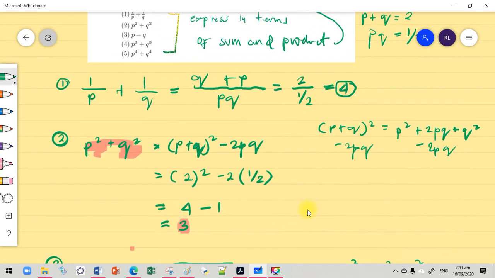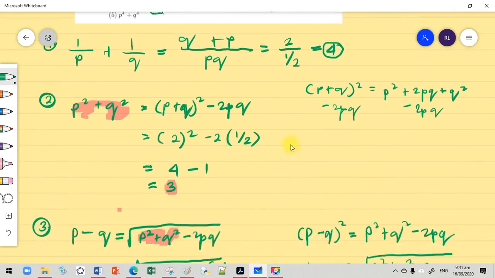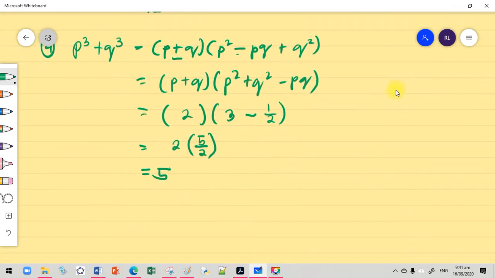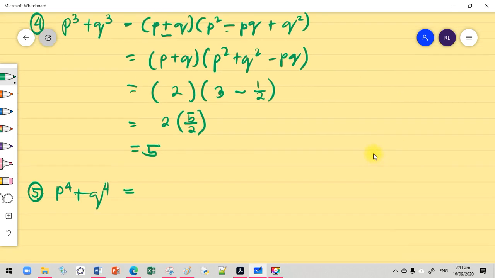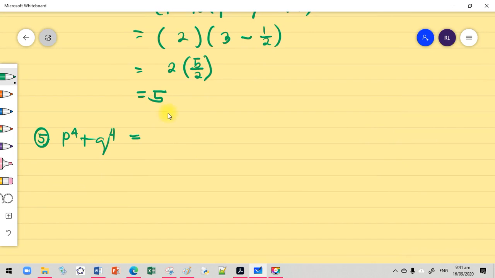Number 5 is p raised to 4 plus q raised to 4. Again, let's try to find the equivalent expression of this. If we're going to expand, let's write it here.